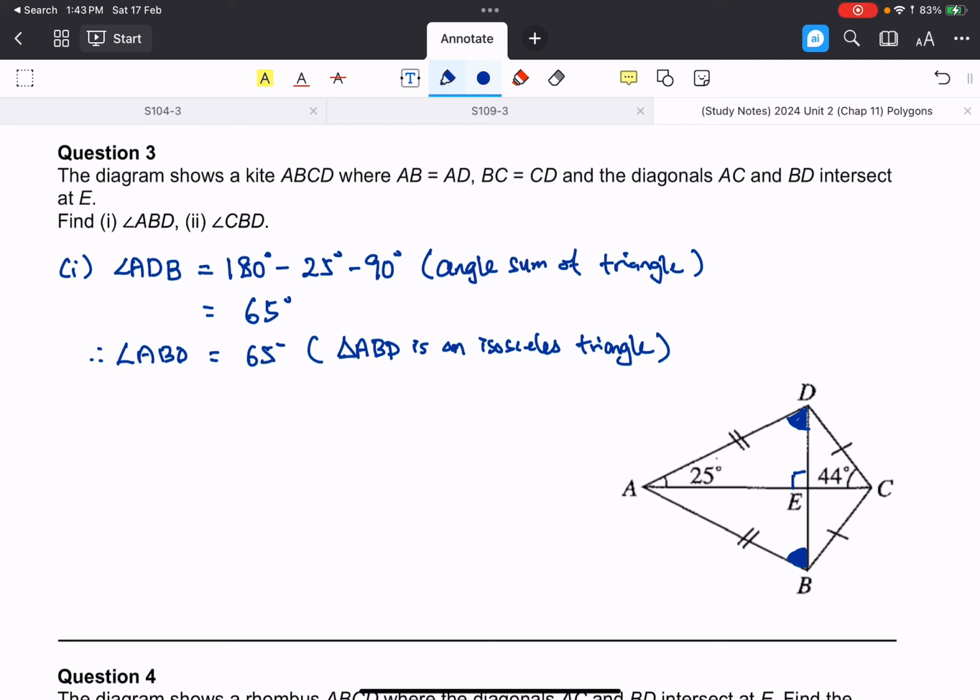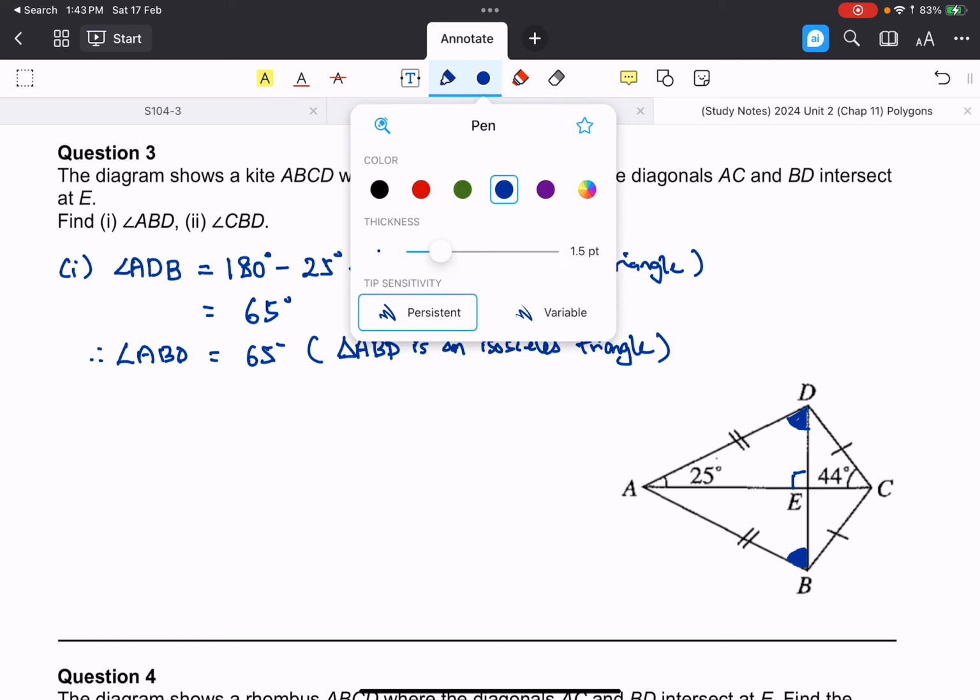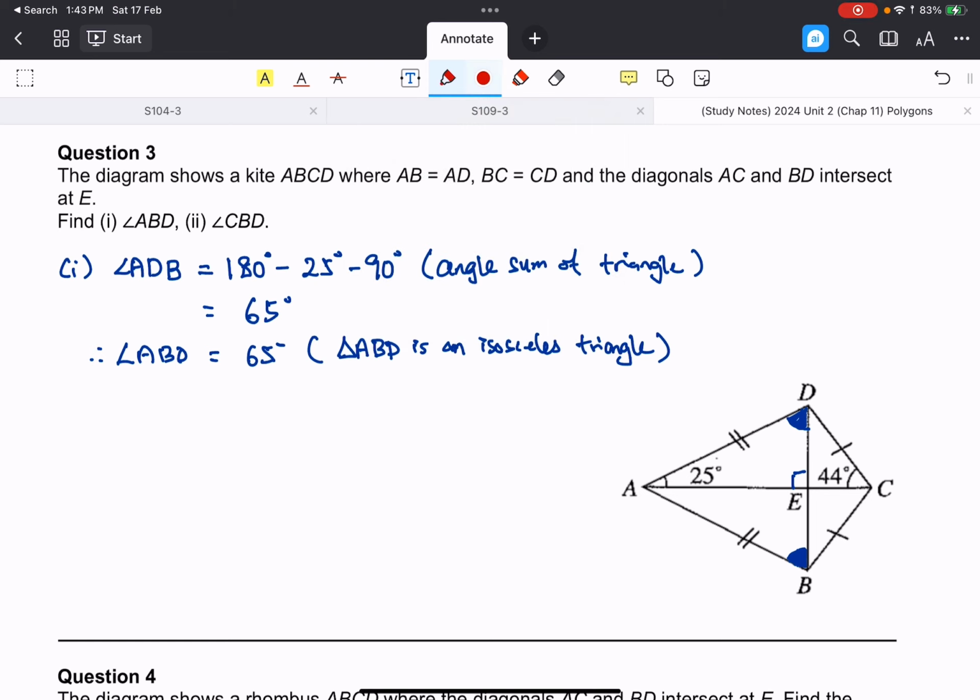So part 2, we are trying to find angle CBD. So let's change the color here. CBD, so we're looking for this one, right? And again, we can find this first, the one up here. And again, we know that this is 90 degrees. So for part 2, same method.